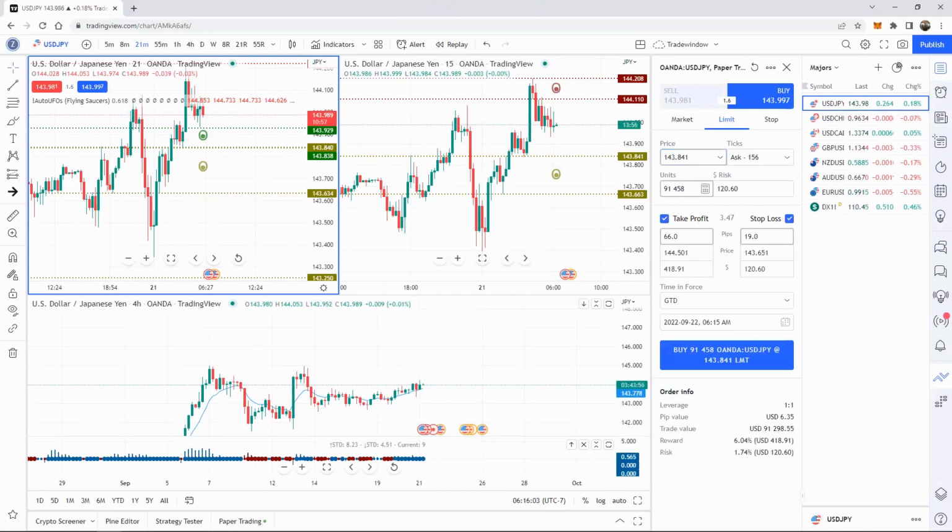Now, because the Forex markets are decentralized, not all of us have the same exact PIP information. You may have a little bit of a variance to what I have, and I may have a little bit of a variance to what you have.